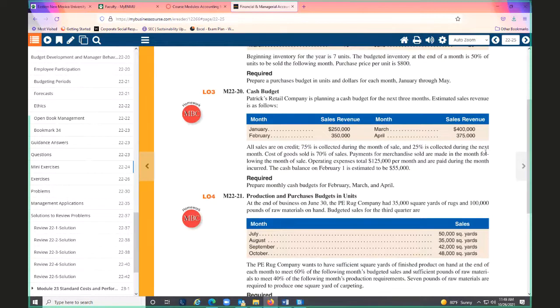After that month, and the cost of goods sold is 70%. Payments for merchandise sold are made in the month following the month of sale. Operating expenses are $125,000 and are paid during that particular month. And then it says, here's the cash balance on February 1st is $55,000. And we have to prepare a budget for February, March, and April.